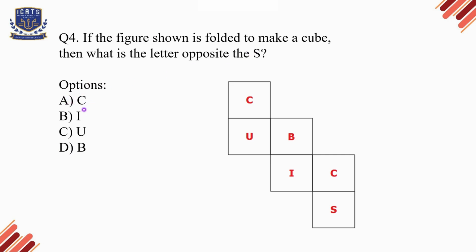Option A is C, option B is I, option C is U, and option D is B. When we fold U towards the right side, U will be at the left of B, and when we fold C, C will be on the upper side of B. Then we fold I, so I will come under B and C will be on the right side of B. It's quite obvious that when we close the box, S will be opposite of B. So we will select option D. The letter opposite to letter S is letter B.